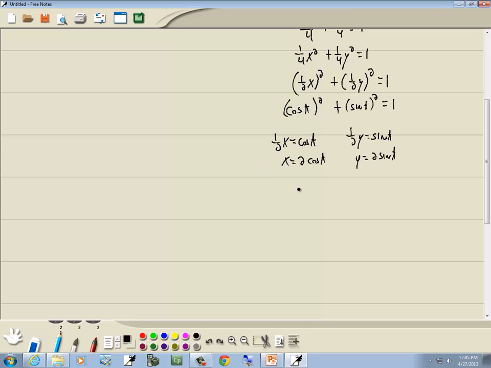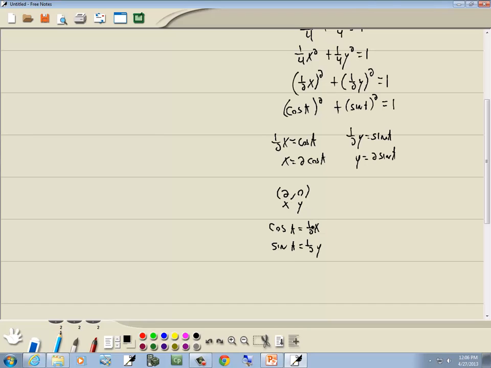Well, what you can do is we're given our first point, which is 2, 0, and this is our x, and this is our y. Well, if we come back up to here, we got cosine t is equal to 1/2 x, and we got sine t is equal to 1/2 y.